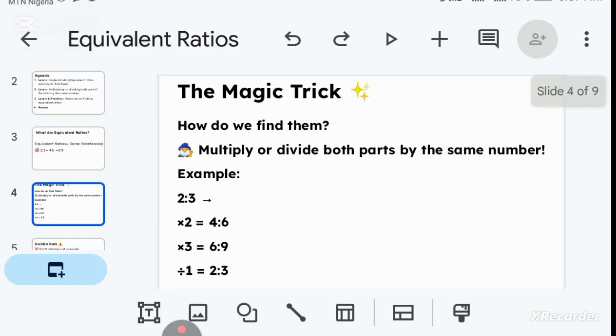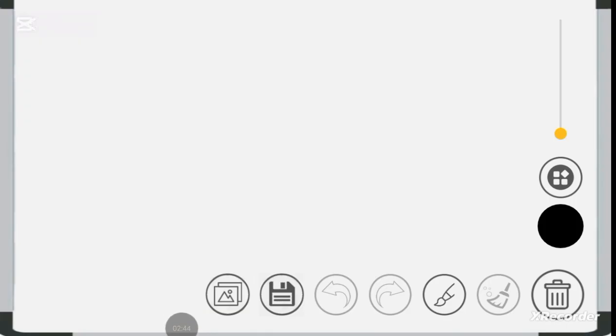Okay, now here's a magic trick. To find an equivalent ratio, you just multiply or divide both parts of the ratio by the same number, like this. Let's go to our board. We are going to start with 2 to 3.